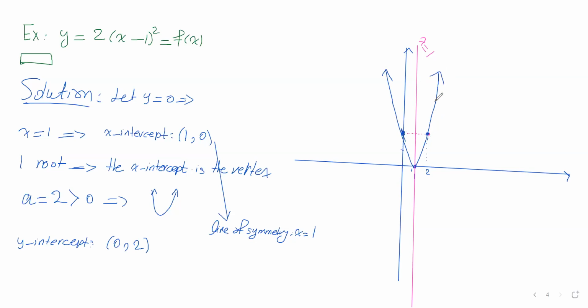Just imagine it's very smooth. So this is the graph of the function. Let's change the color. Okay, so this is y equal to 2 times (x minus 1) squared.